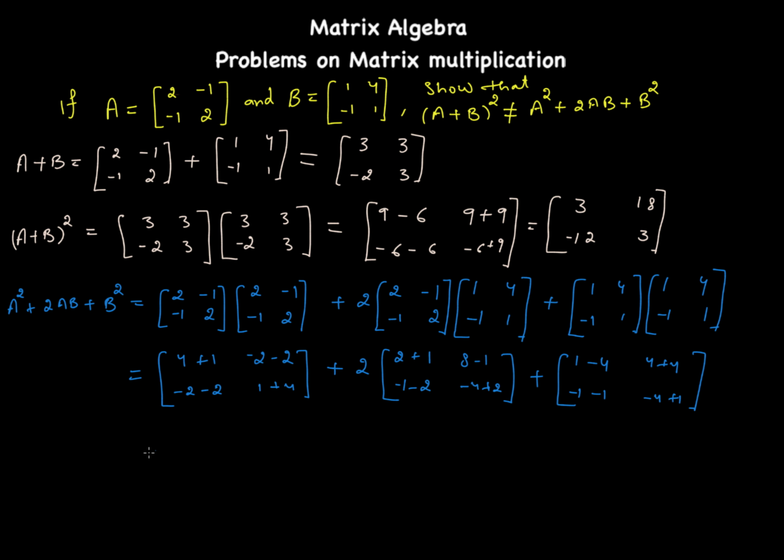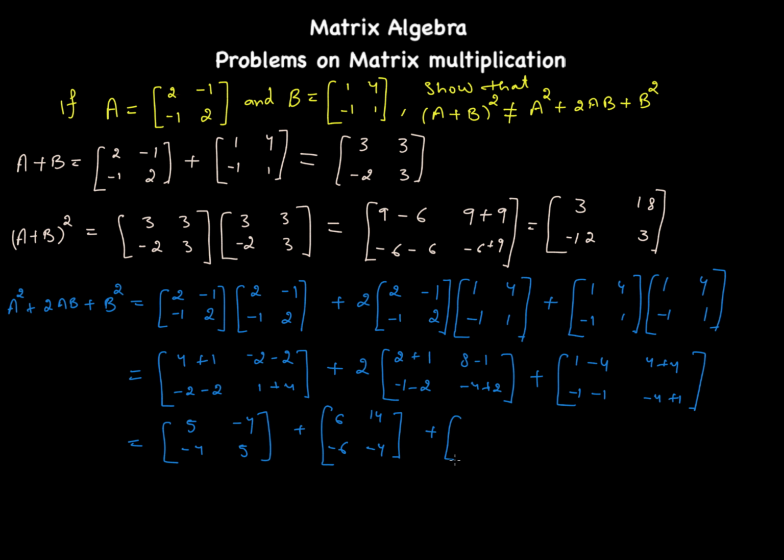So let's do some algebra over here. So we got 5 and -4, -4, 5, and here we got 2 plus 1 is 3, 3 times 2 is 6, 8 minus 1 is 7, times 2 is 14, -1 minus 2 gives me -3, times 2 is -6, -4 plus 2 gives me -2, and multiplied by 2 gives me -4.